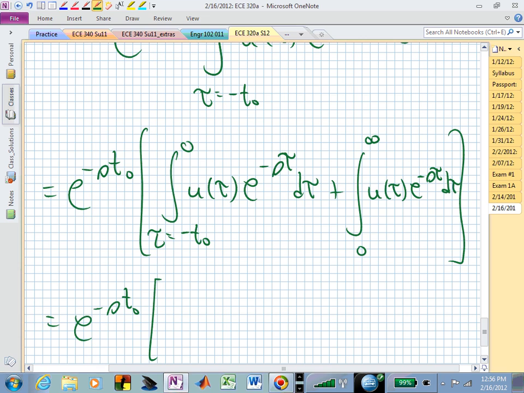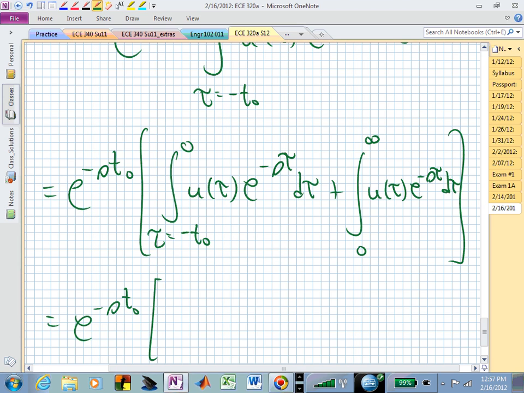That looks just like what we just did in the previous example, doesn't it? So we now know what that's going to be. That's going to end up as 1 over s. The only thing we have to worry about is that left integral. But in the left integral, there's a mismatch between the integrand and the limits of integration. The limits of integration are from tau equal minus t naught to 0. Well, u of t is equal to what over that interval? 0. Well, that's going to help us.